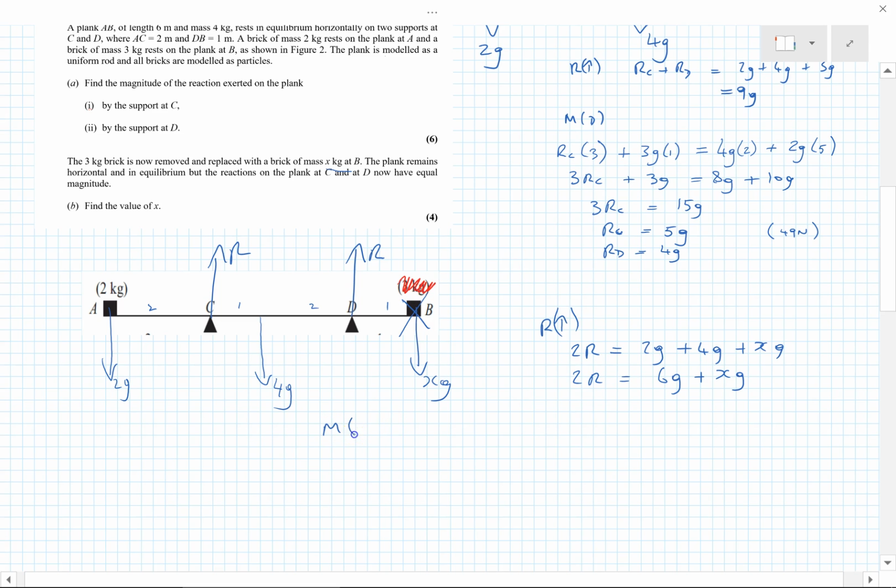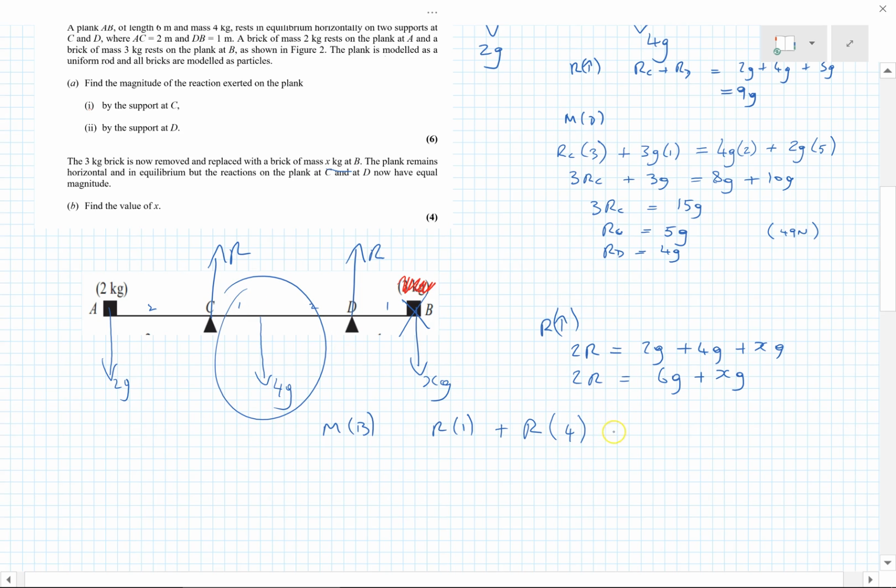Moments about B. I've got R times 1, because that force is 1 meter away. That's going clockwise. Then we've got this reaction force here, which is of the same value, but that's 4 meters away, so it's R times 4. And those are the 2 clockwise ones.